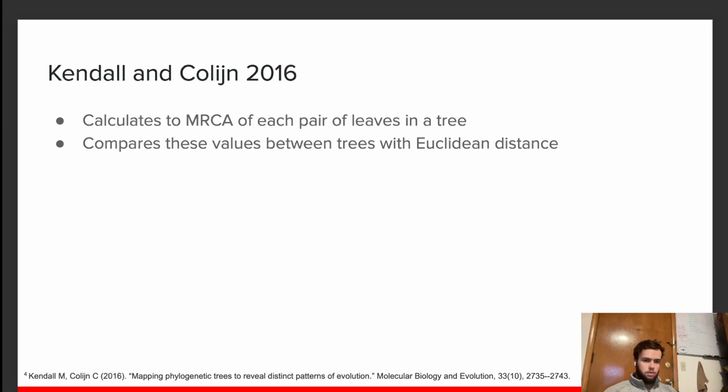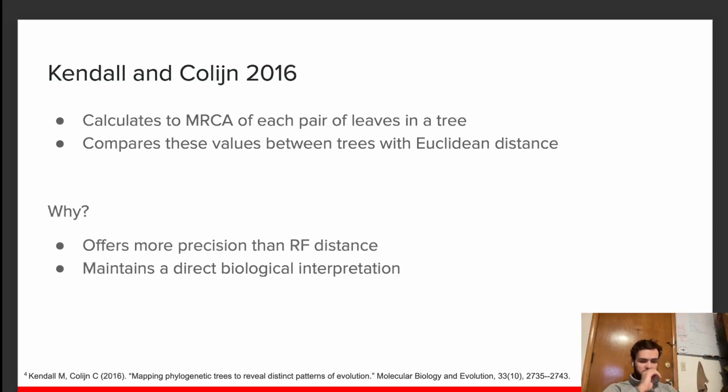And so why are we using this metric? Well, for one thing, it offers more precision than the Robinson-Foulds distance. It offers more precision because Robinson-Foulds distance is a positive integer. It will always be a positive integer, whereas Kendall-Colijn is a positive decimal. And additionally, it heavily depends on the trees you're comparing, of course, but Robinson-Foulds tends to be below 15 for the networks that we're comparing.